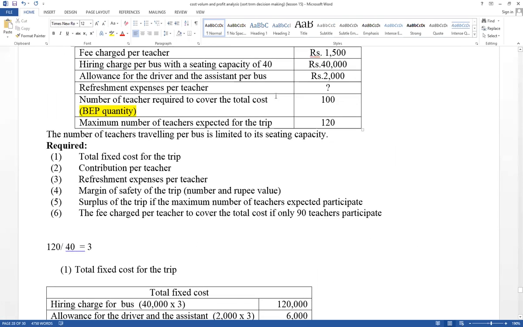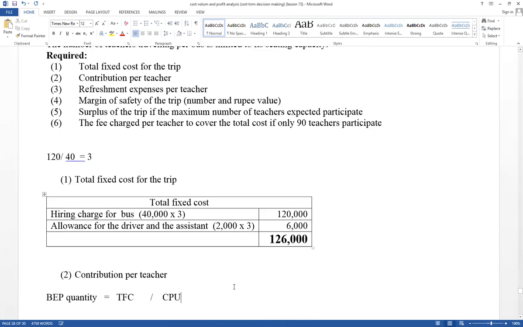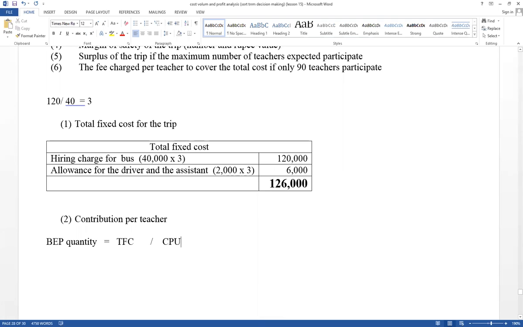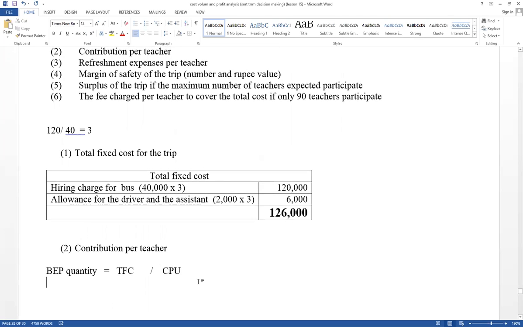Therefore, the break-even point quantity is given. Total fixed cost is also calculated. Then apply the equation. Break-even point quantity equals 100 teachers, as given in the example, and total fixed cost is also calculated as 126,000, divided by contribution per unit. Now they ask for contribution per unit.